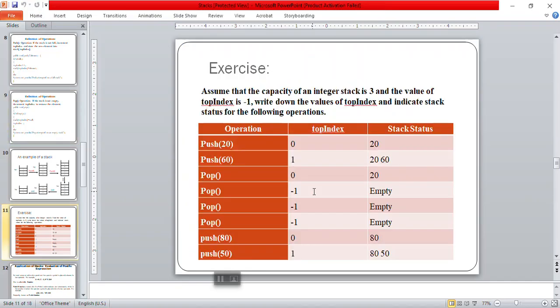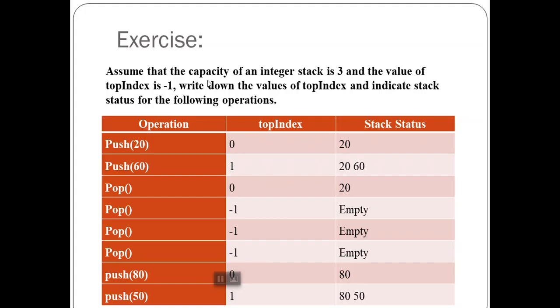See, we have this kind of problem here. This was asked in the previous exam, so try to understand this problem. Very simple. You will be given the capacity of a stack, that the maximum capacity is only 3 elements, and the value of top index is set to -1. That means the stack is empty.